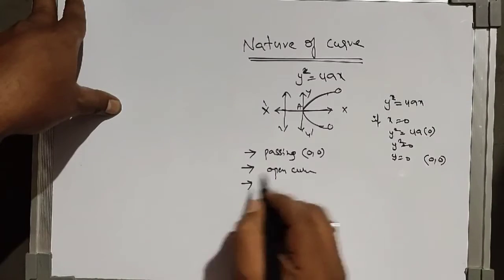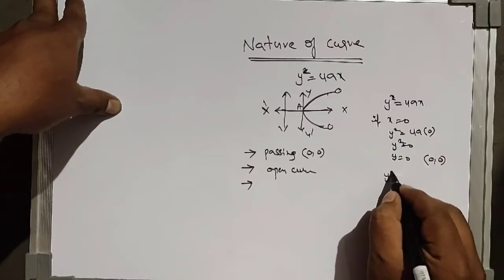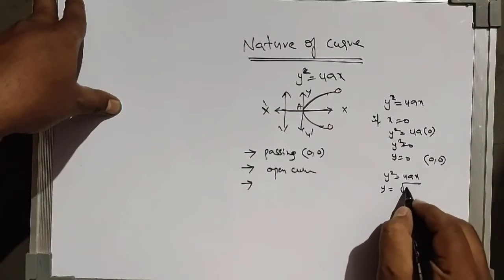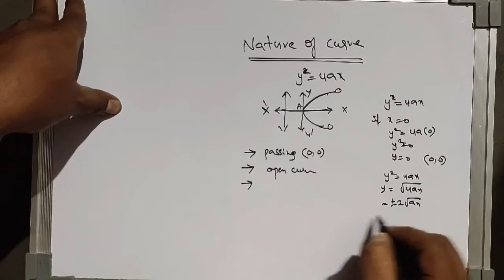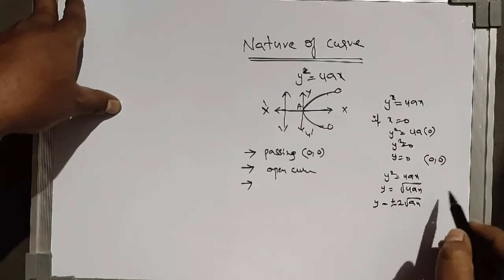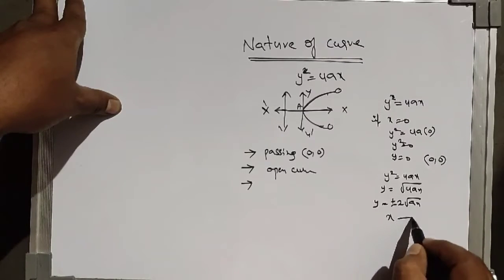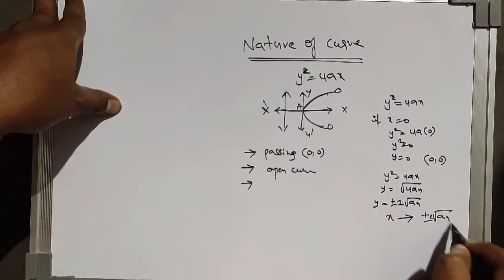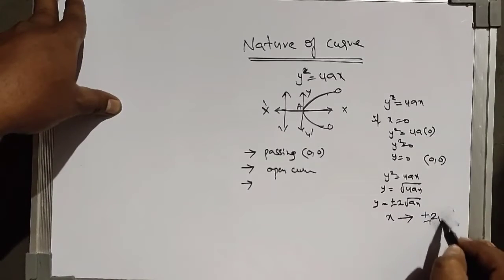And if you observe here, for any value of x, for example y square is equal to 4ax, y is equal to plus or minus the root of 4ax, that is, y is equal to plus or minus 2 into the root of ax.